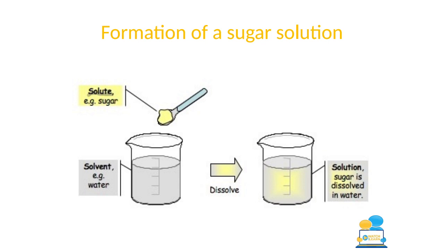So sugar is added into our beaker of water, and we're thinking water is our solvent. When we add a solute to a solvent, we get a solution. In this case, sugar is dissolved in the water. We cannot see any sugar sitting at the bottom of that beaker, which means all the sugar must have been dissolved.